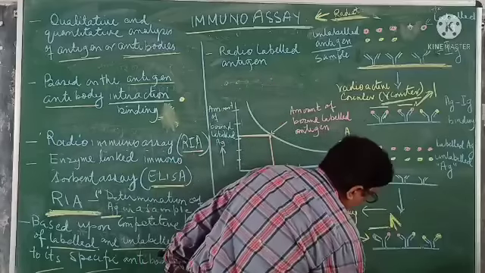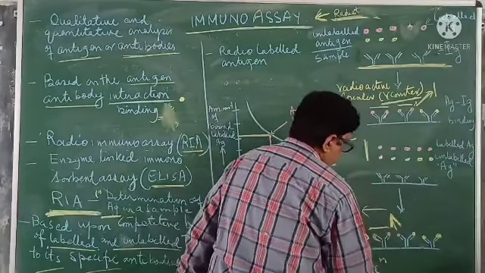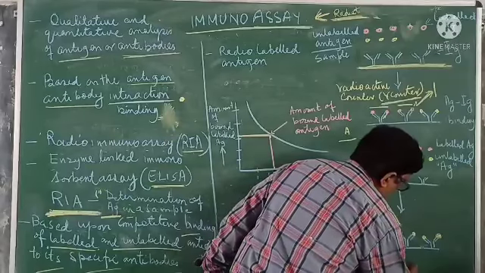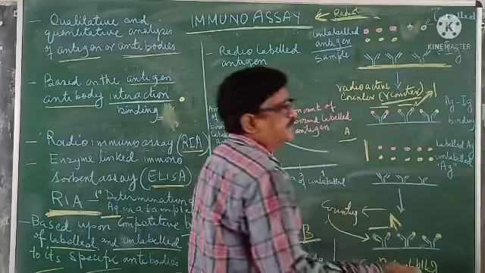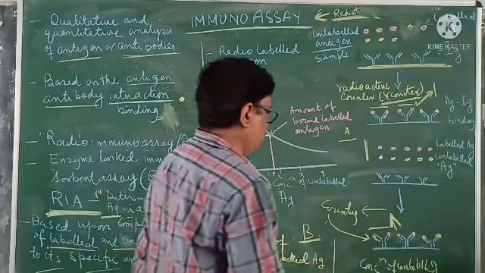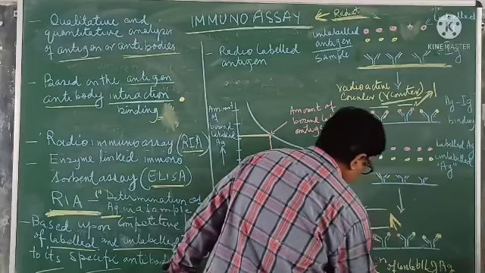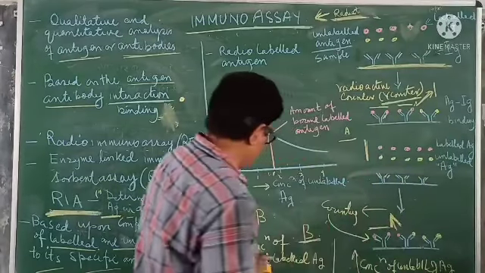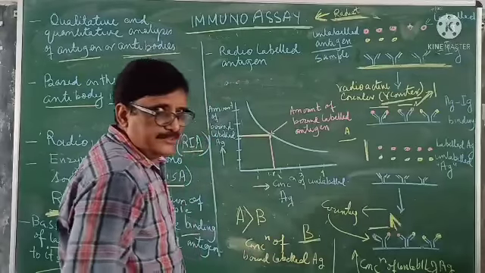That means the unlabeled antigen is the antigen which will be present in the sample. If the concentration of unlabeled antigen increases, the concentration of bound labeled antigen will decrease.